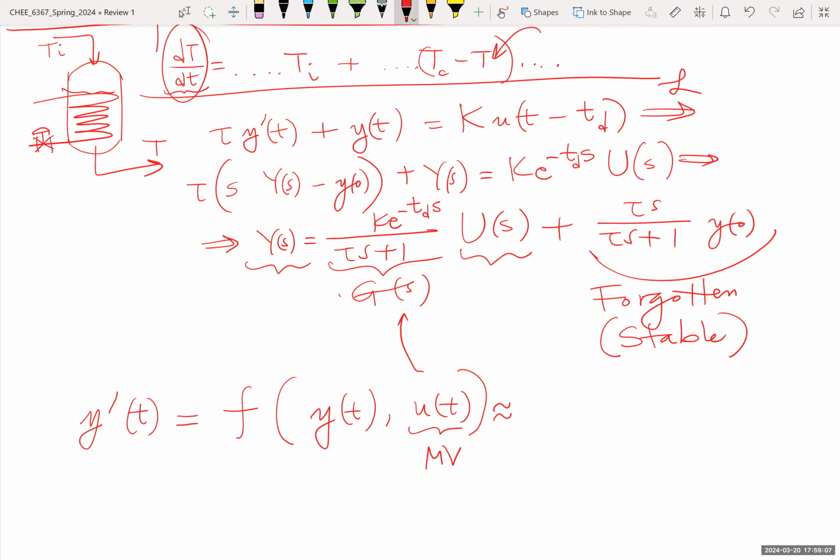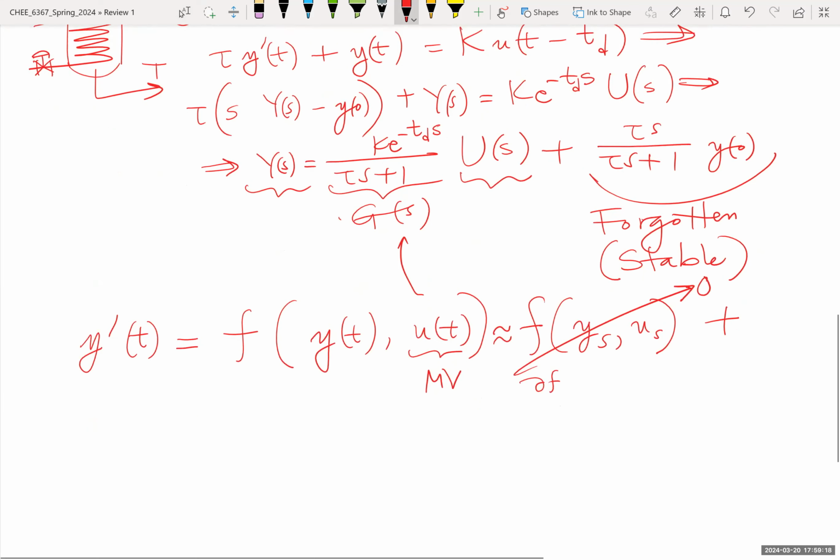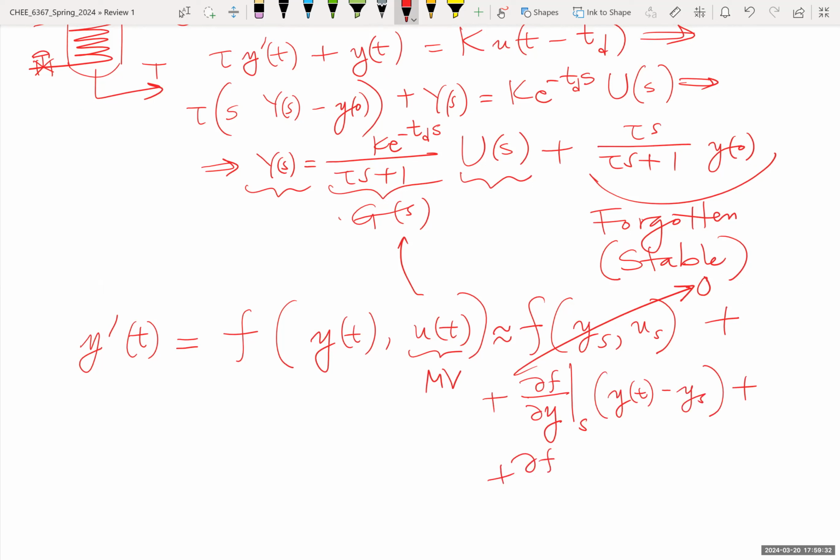Well, this is approximately equal to the value of this at steady state, which by definition is equal to 0, plus the partial of f with respect to y at steady state times y of t minus ys, plus the partial of f with respect to u at steady state times u of t minus us. So this is Taylor series, right?